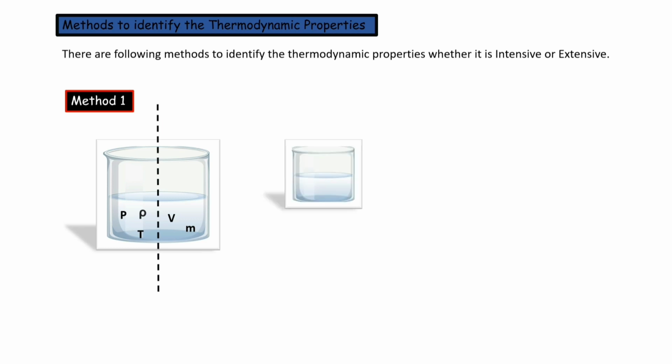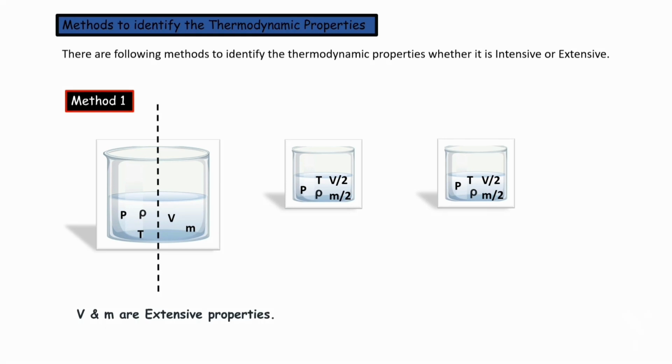If we divide the water into two separate beakers, some of the thermodynamic properties get divided. The properties which get divided are termed extensive properties. The properties which do not get divided are termed intensive properties. So here, volume and mass are extensive properties, and pressure, temperature and density are intensive properties.